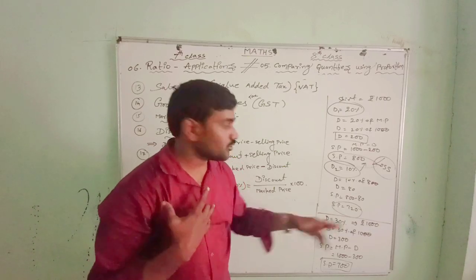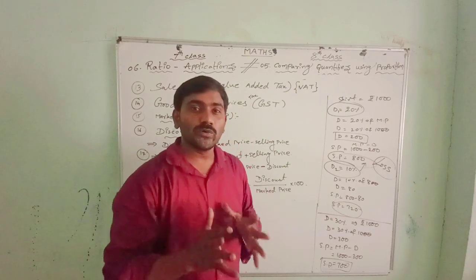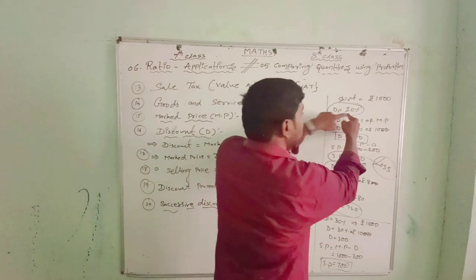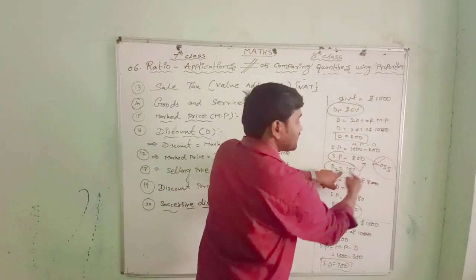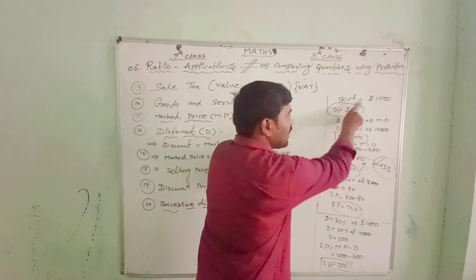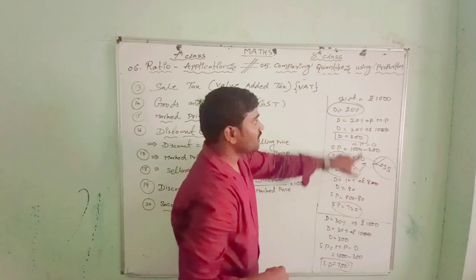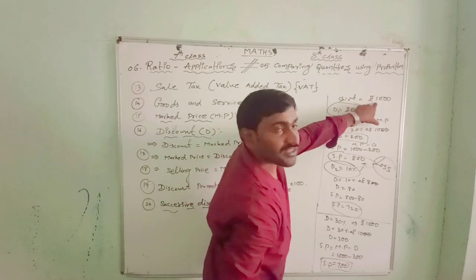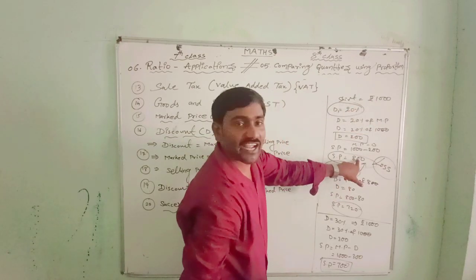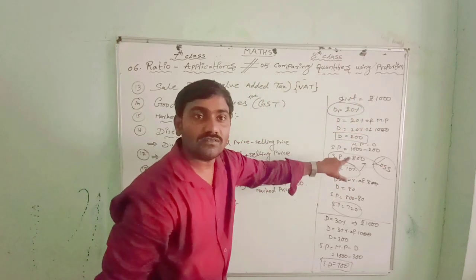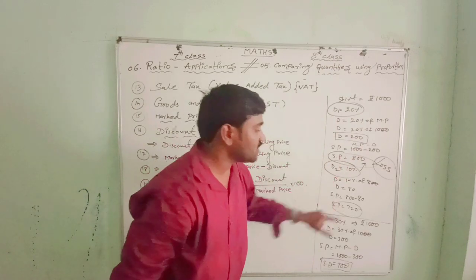But we lose 20 rupees there. Instead of taking 20% on 1000, they take 10% on 800, putting one more discount on the discounted amount. This discount is given on 1000, and that discount is given on 800. Discount on discount is successive discount. Then we are paying 720.